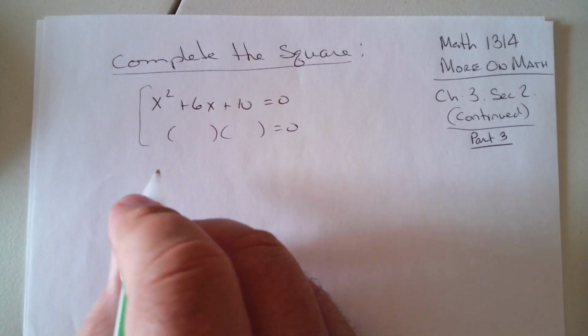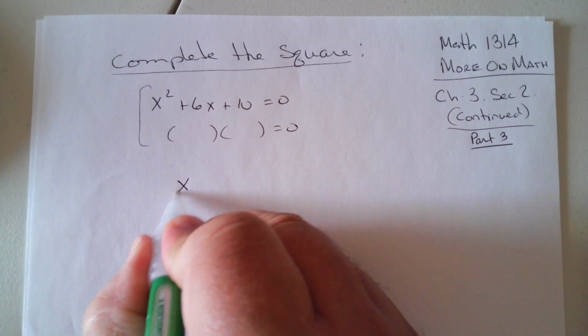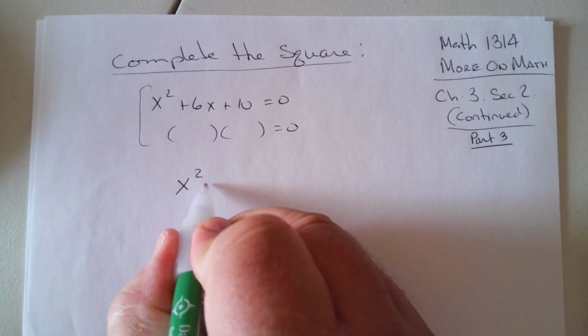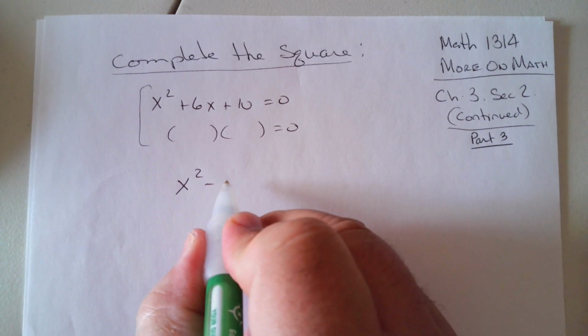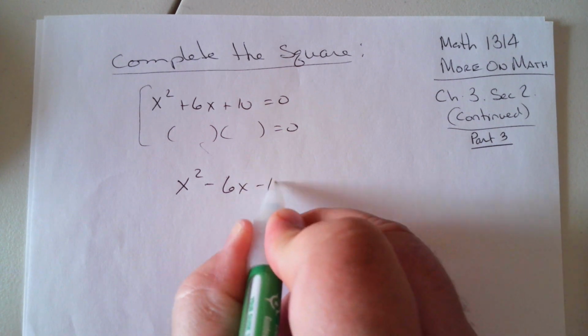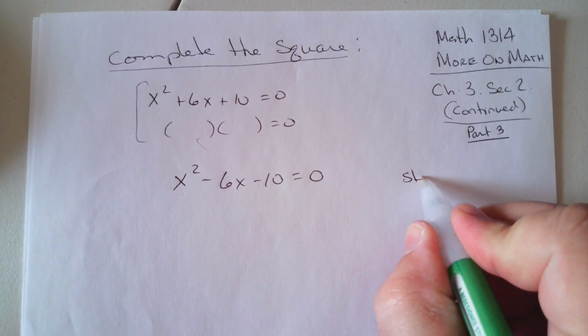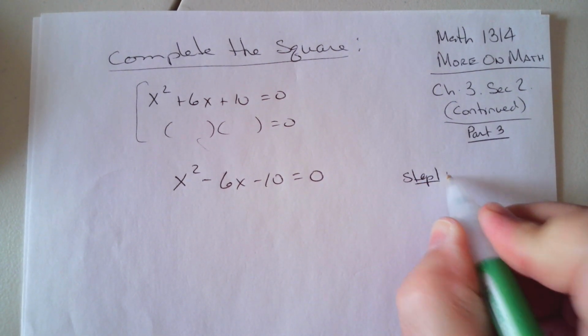Complete the square is an entirely new process, and I'll walk you through how to do this. Let's look at this example: x squared minus 6x minus 10. Step 1.